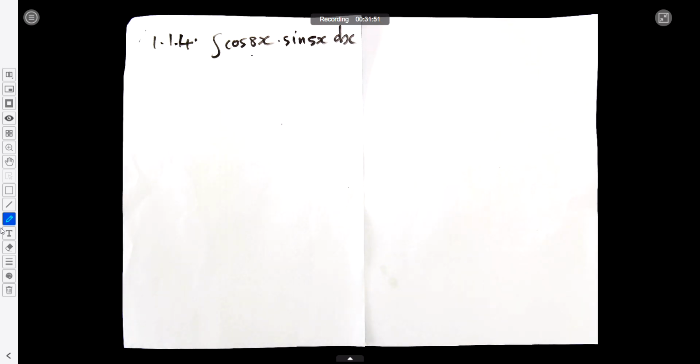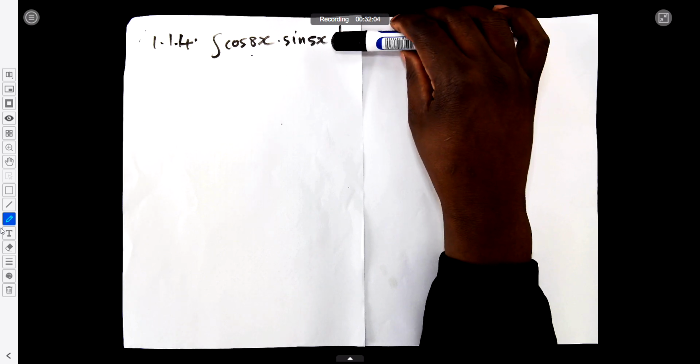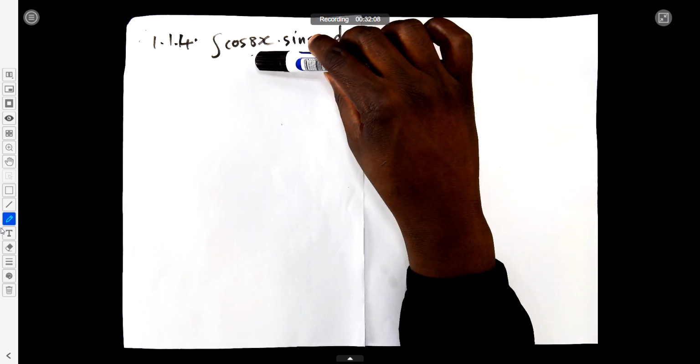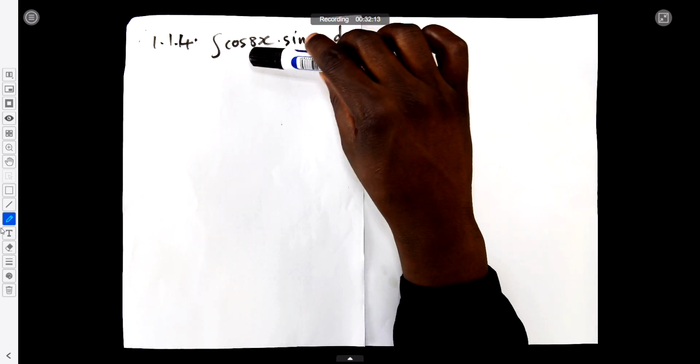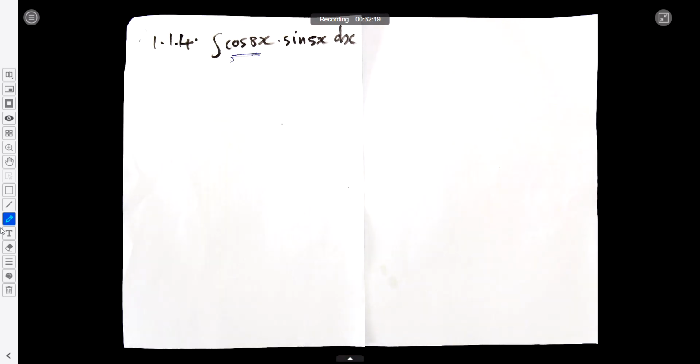So remember, when we see a product of two functions, we always said we must have what? A function and its derivative. But when we inspect here, when we differentiate sine 5x, we cannot get cosine 8x. That's not true. We're supposed to get cosine 5x, isn't it? So remember, when you differentiate a trigonometric function, you must get the same angle. A sine function with the same angle.